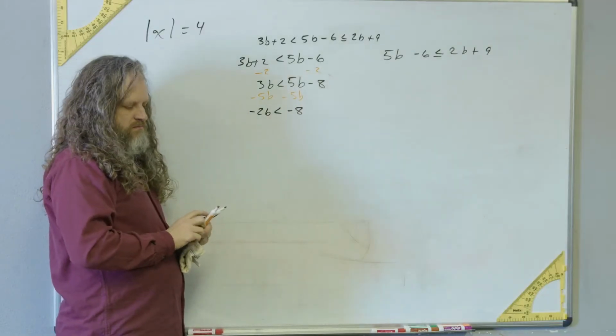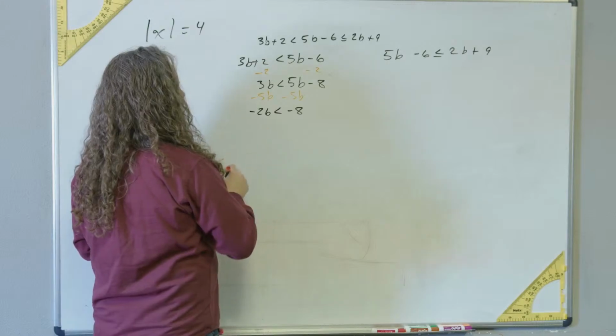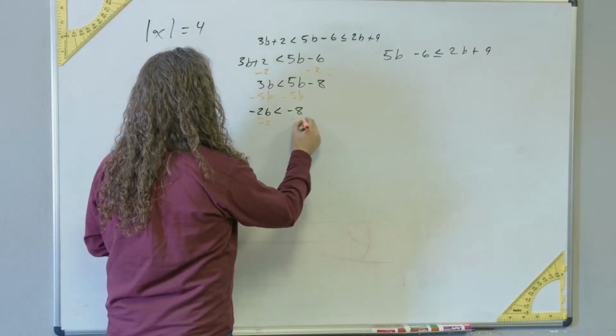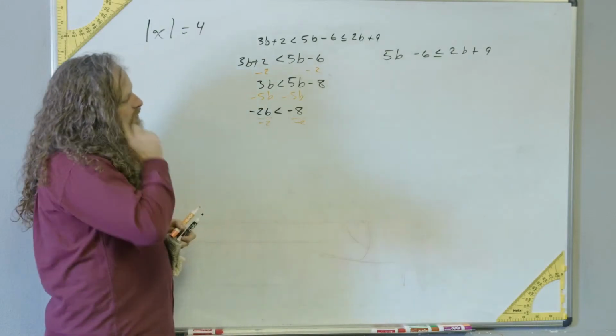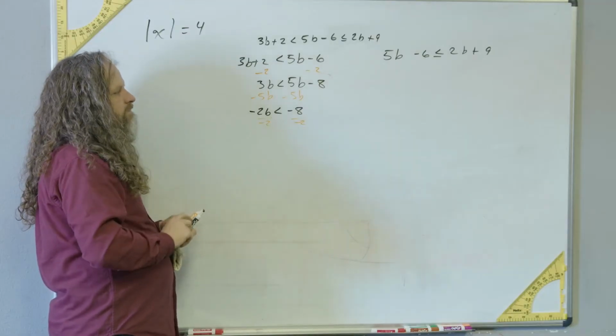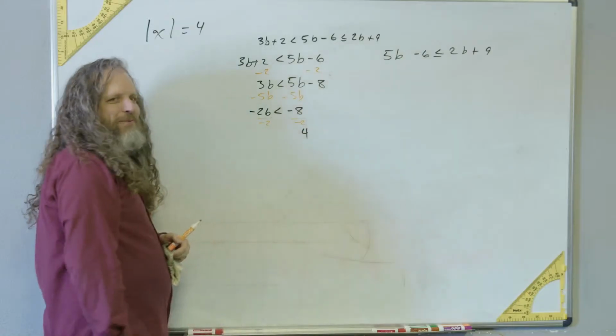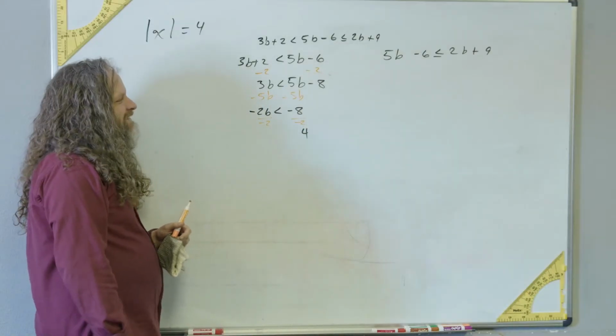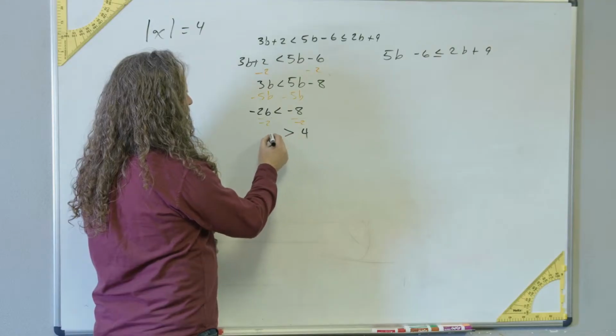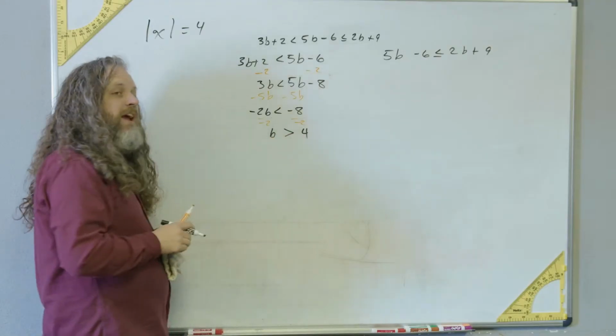Now what? Negative 2. So what do I get? And what else? Yeah. It flips because we divided by a negative, right?